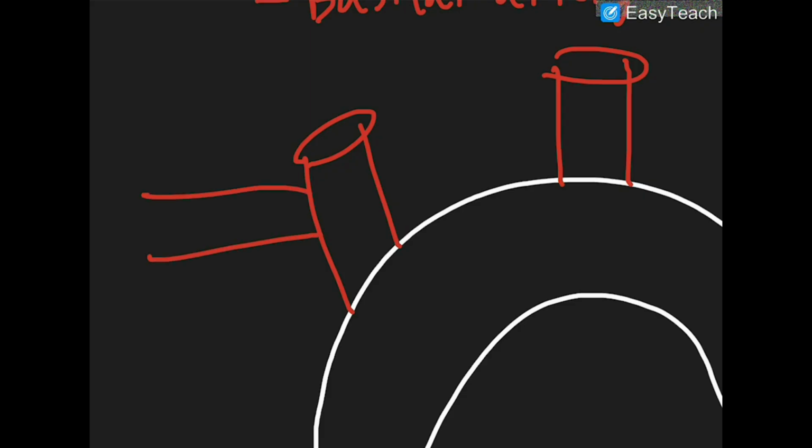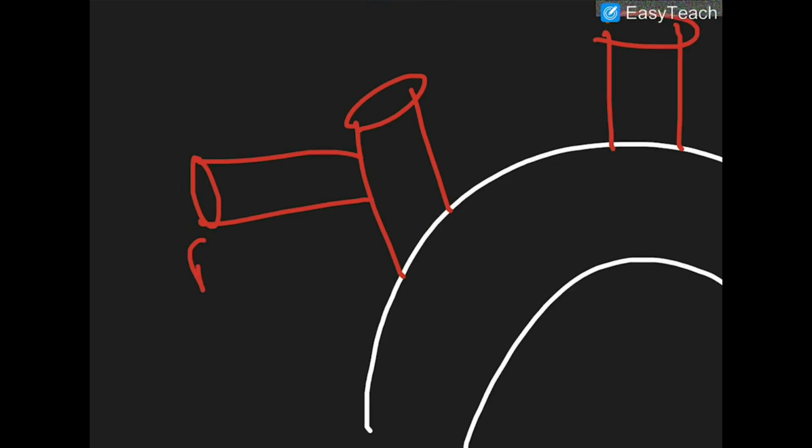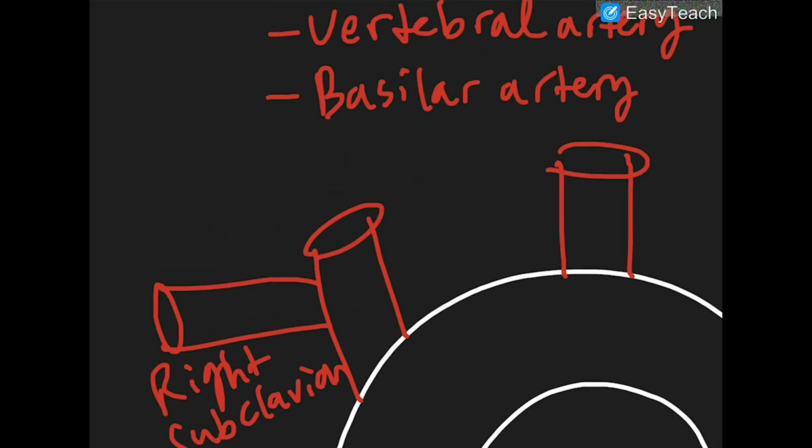So let's draw it like this. You get your right subclavian artery and your right common carotid artery. Let's write that a little neater.